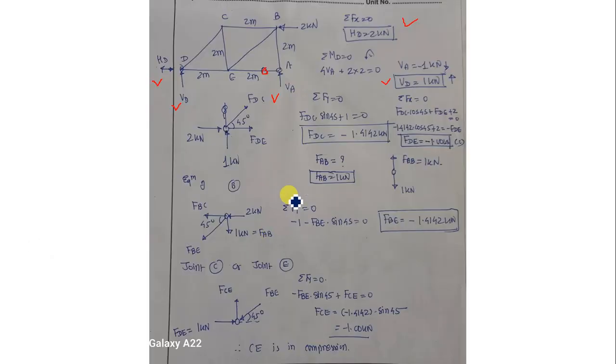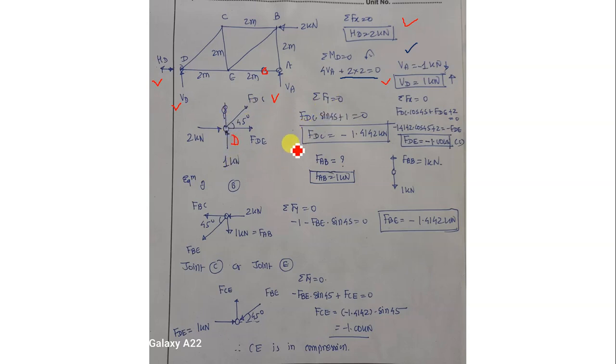Let us move further. After solving these equations, summation Fy is equal to 0, hence Vd is equal to 1 upward and Va is equal to -1, downward. Now we consider equilibrium of joint D. This is the free body diagram.